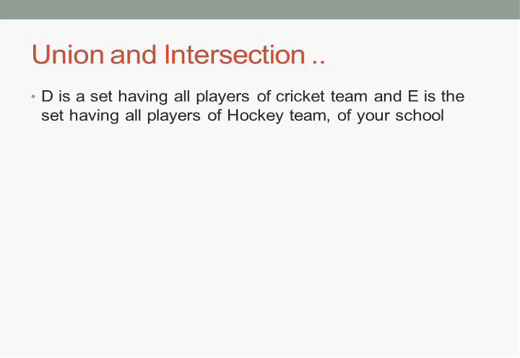Take another example. D is a set having all players of the cricket team and E is the set having all players of the hockey team of your school. Suppose 3 players are common to both teams, then union of D and E is a set of all players of both the teams, but the 3 common players are to be written only once.